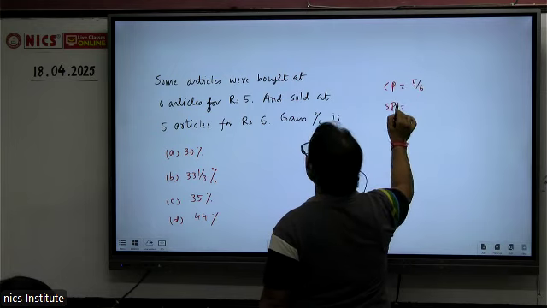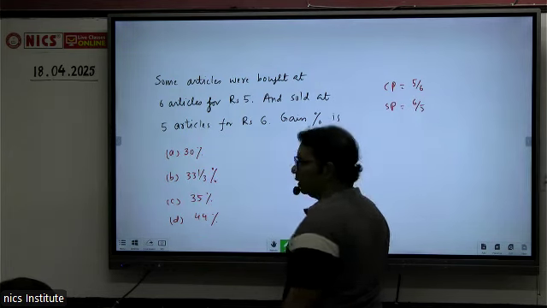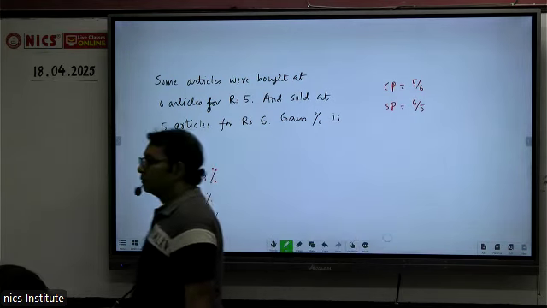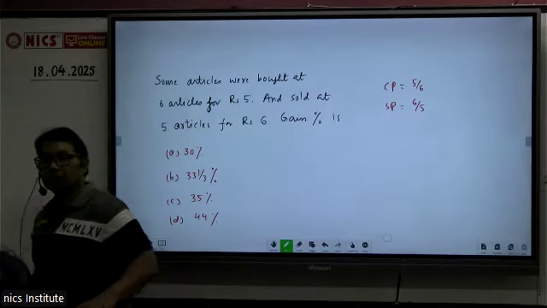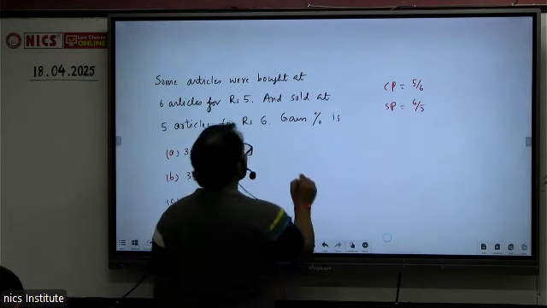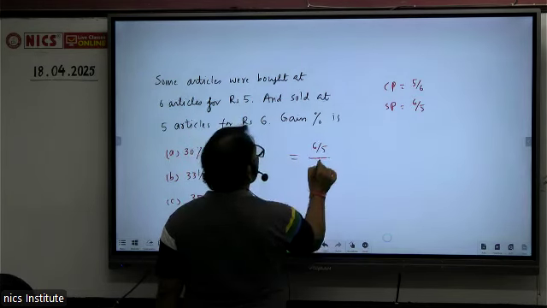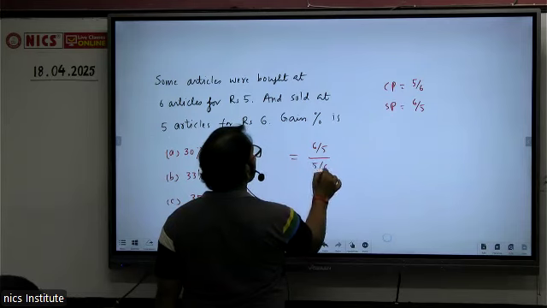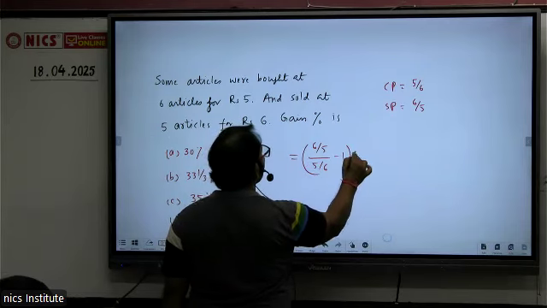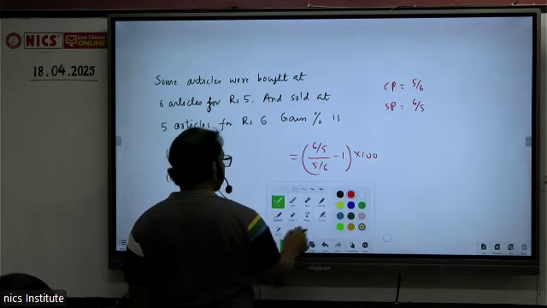SP for one article? 6/5. Apply the formula. It would be SP divided by CP minus 1 into 100. Answer is D.